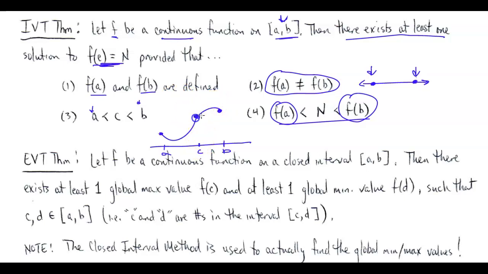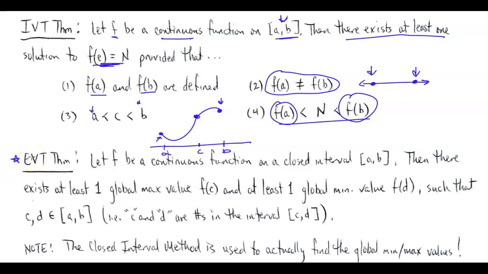That y value is going to be lower than the corresponding y value for this, but higher than that. It seems trivial, but it is very important because it lays a foundation for a lot of things that we do in algebraic math and in calculus as well.